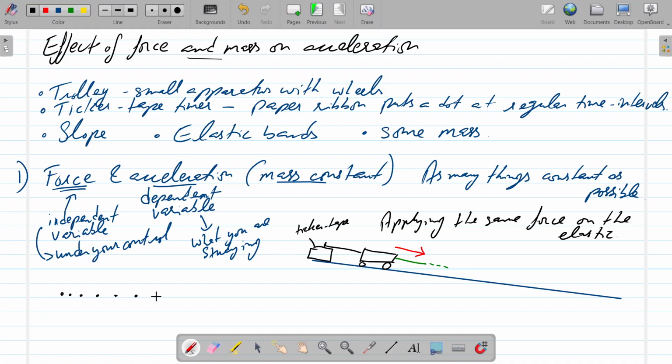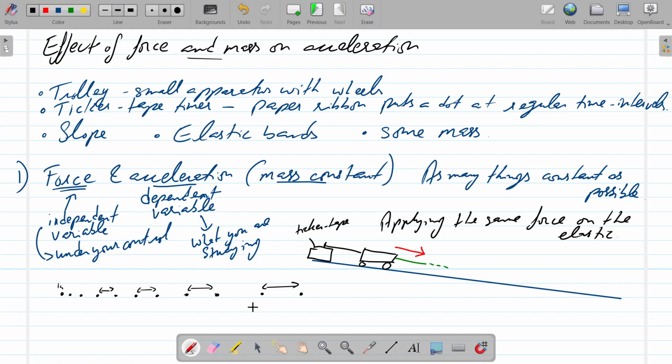So the distance between them starts increasing. If it's a 1 second interval between each dot, the distance between them is telling you that it's getting faster for every second it's moving.